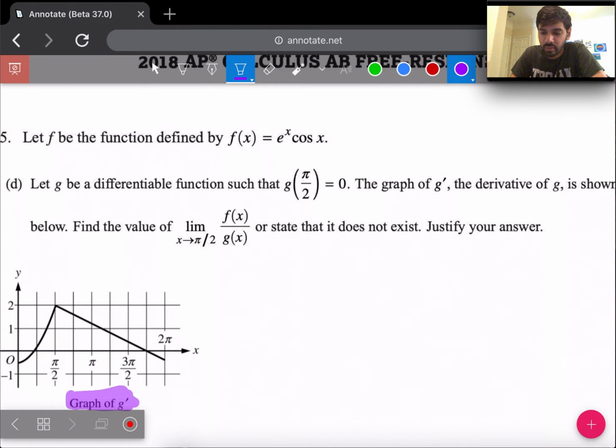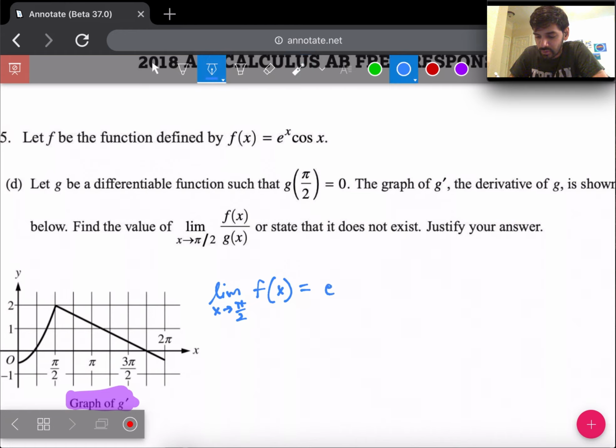It's the derivative. This is kind of guiding us and telling us, hey, use L'Hopital's rule, because we got a 0 right here and we have a derivative right there. Those are two things we kind of need for L'Hopital's. And so the limit as x approaches pi over 2 of f of x, I'm showing the numerator is equal to 0 because cosine of pi over 2 is 0 times e to the pi over 2 is still 0.